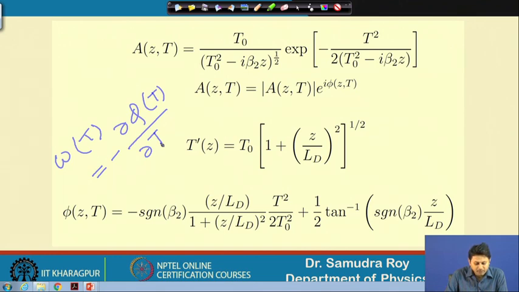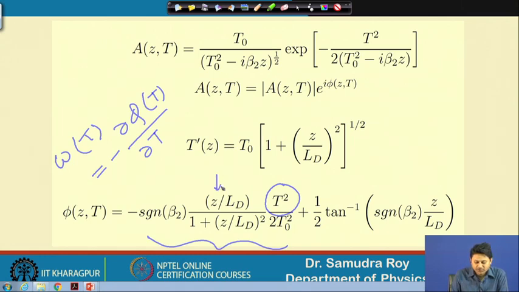But if you take the double derivative of that quantity, then we have something called chirp. Here you can see that this quantity has t square. So, I can make a double derivative, and I should have something called chirp. So, the chirp is basically a function of z here.